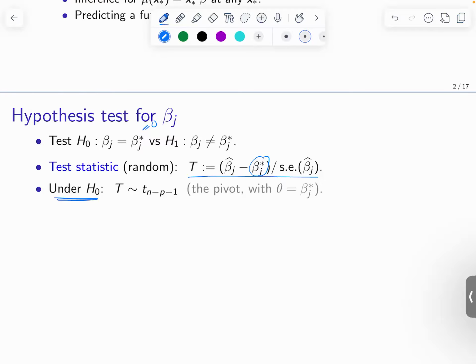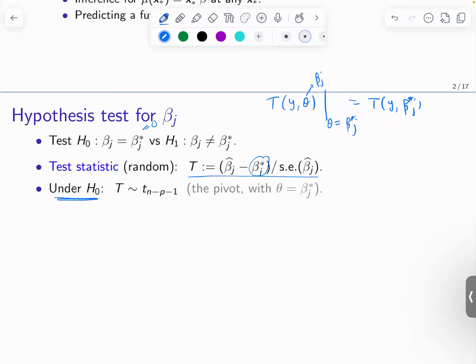Before, we had this general picture that the pivot is a function of both Y and theta, here being beta j, and now we're evaluating it at theta equal to beta star j, which gives me a statistic. It's really a statistic because it only depends on the observations, since beta star j is a known value.